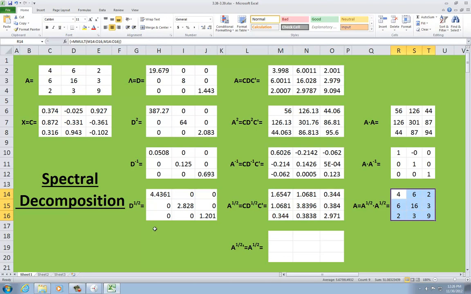And notice that this matrix A to the 1/2 power, the square root of A, is a symmetric square root matrix. And because of this, we know that the transpose of this is going to equal itself, and we can easily demonstrate that.